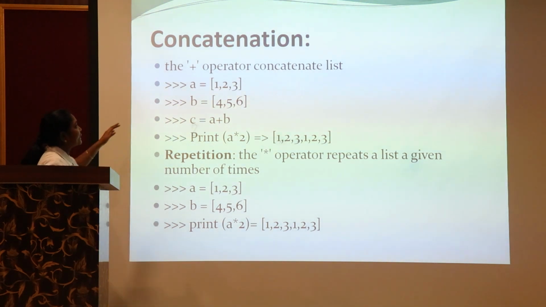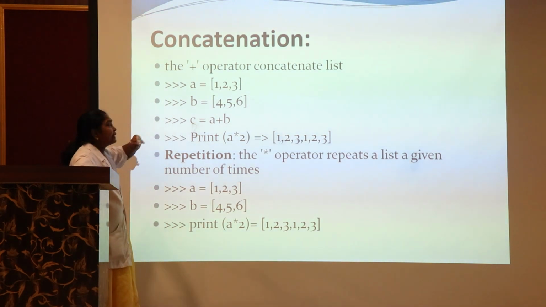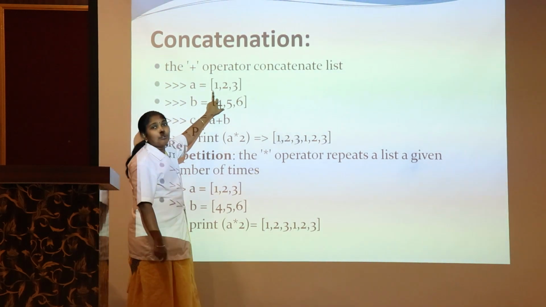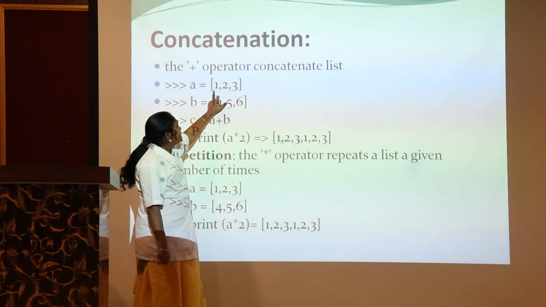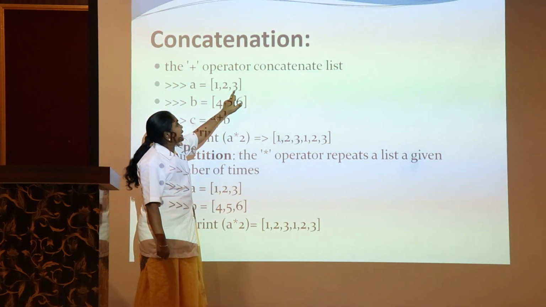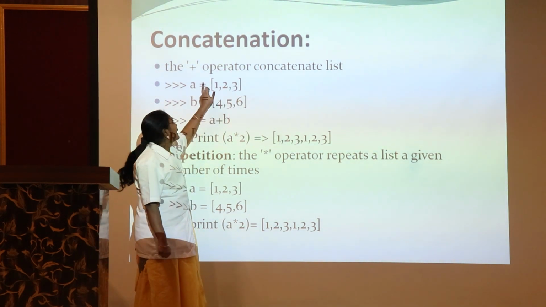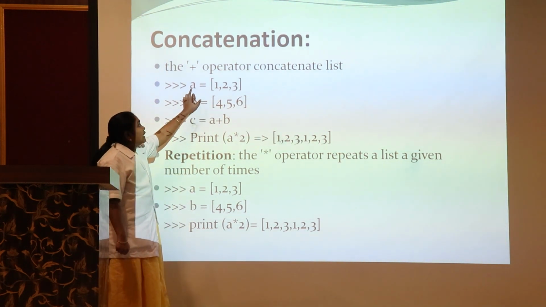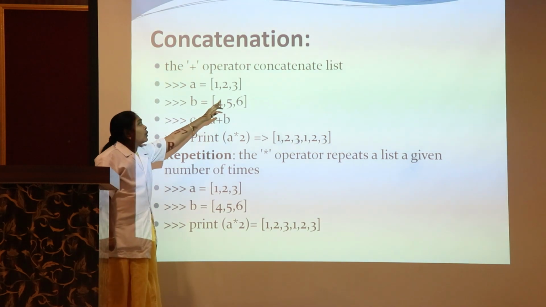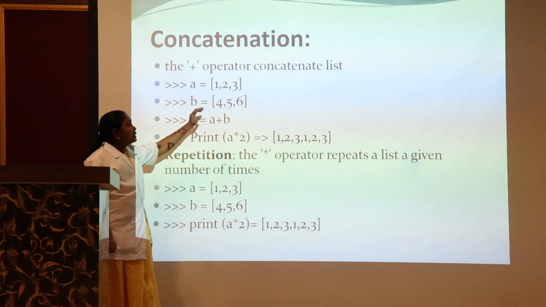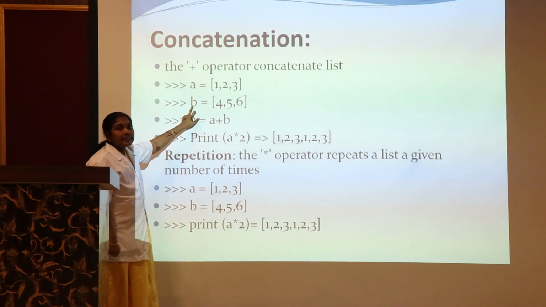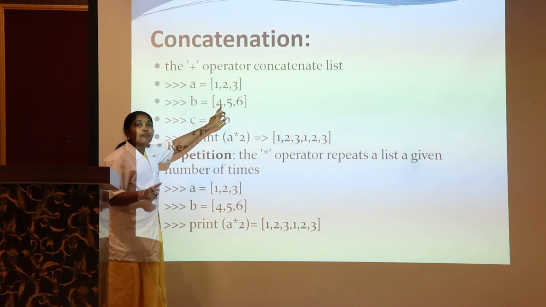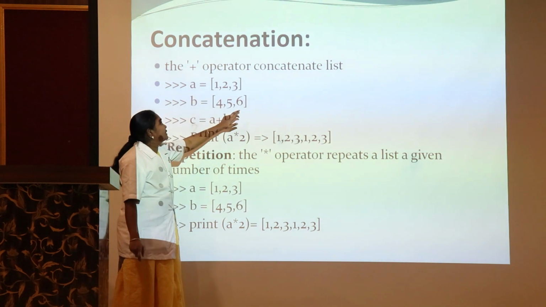For example, I assign the list A with open brackets 1, 2, 3. There are 3 values, the elements of A. The list B is assigned the values 4, 5, 6.